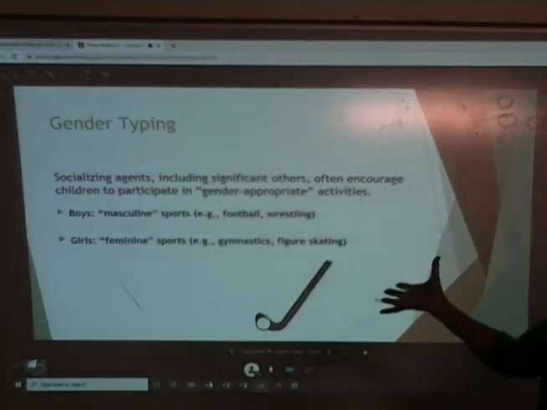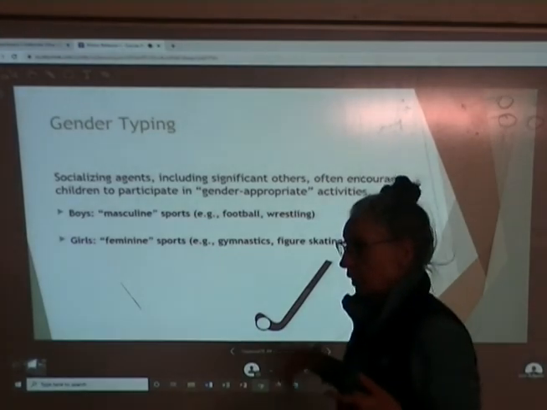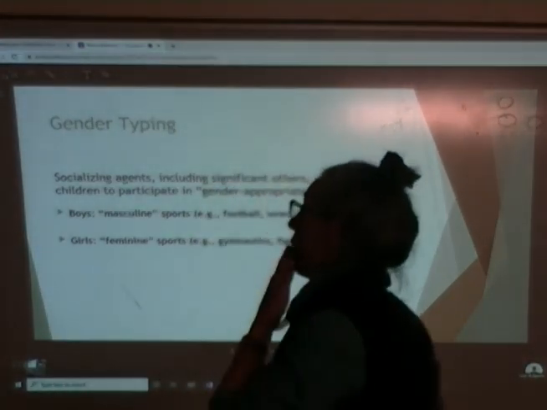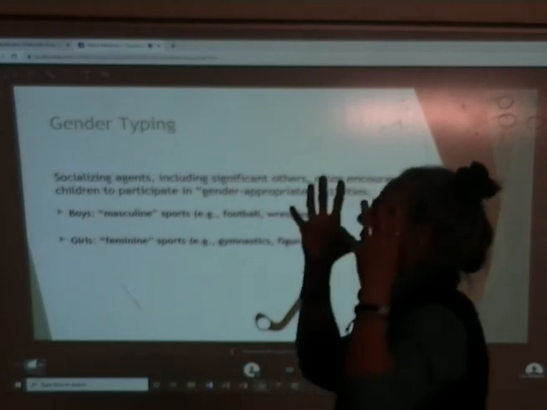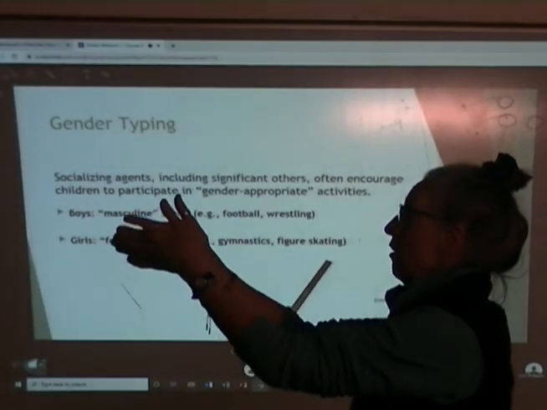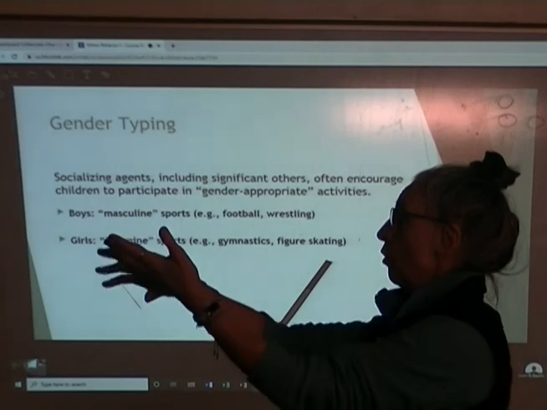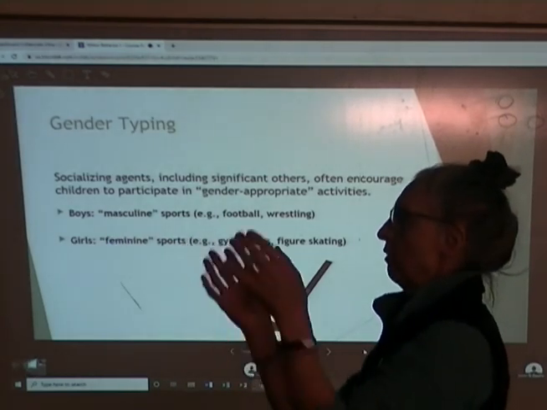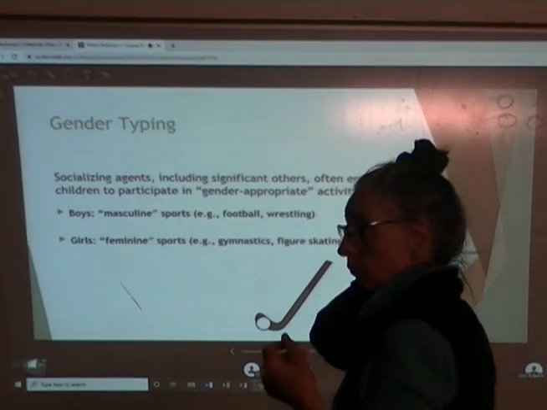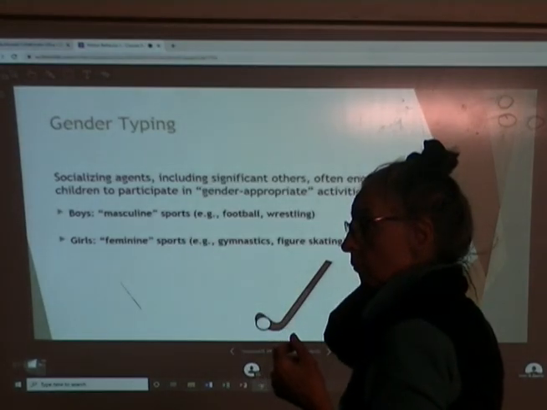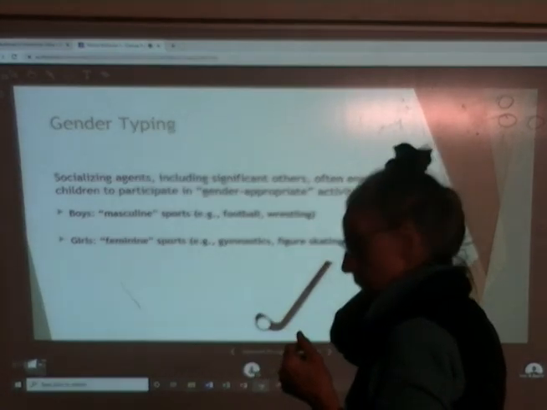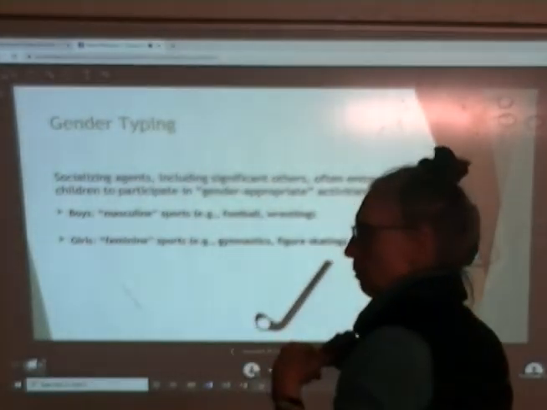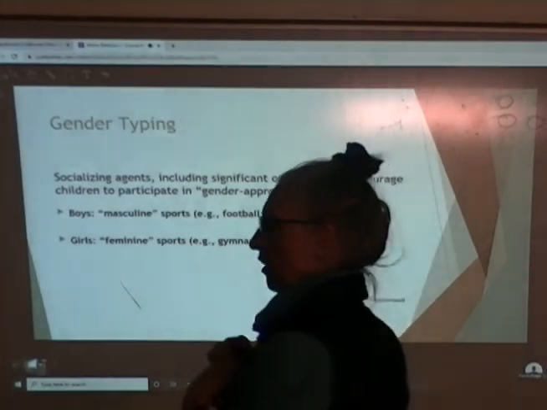An interesting example that they give in the textbook is field hockey, right? So, if you're the parent or the teacher, who do you expect to play field hockey? In America, who would you expect to play field hockey?